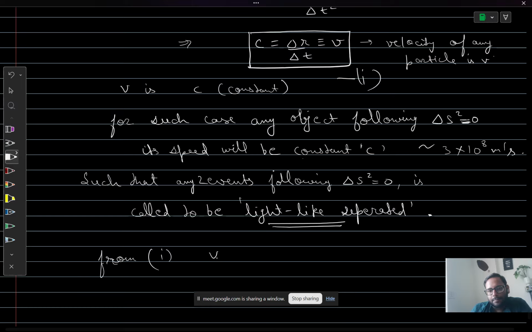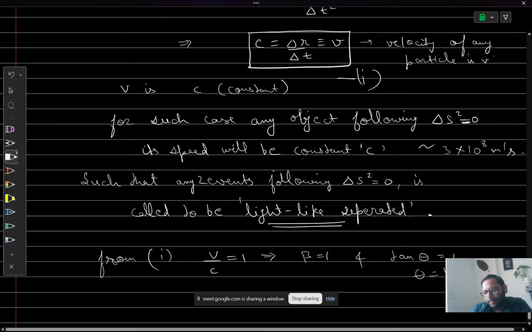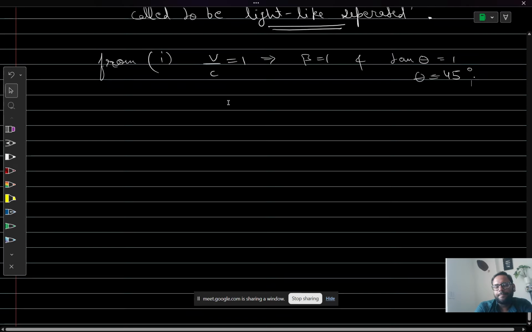This implies beta equals 1, or say tan theta is equal to 1, I mean the slope is 1, so theta will be equal to 45 degrees.